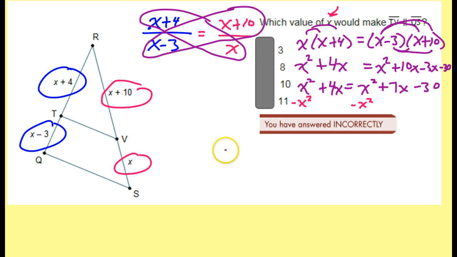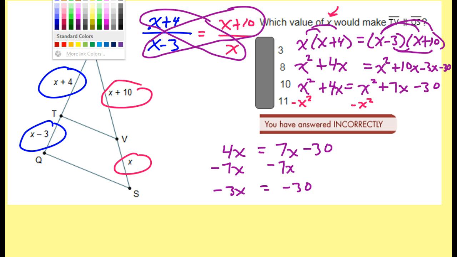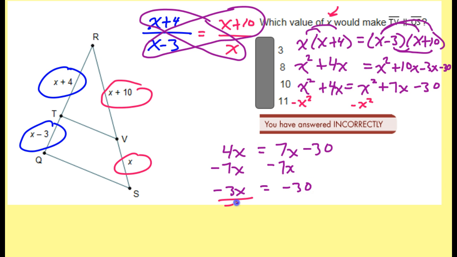That's going to leave me with just 4x is equal to 7x minus 30. I still want to get these x's together, so I will subtract 7x from both sides. That's going to leave me with negative 3x is equal to negative 30. Now it's time to divide by the negative 3.